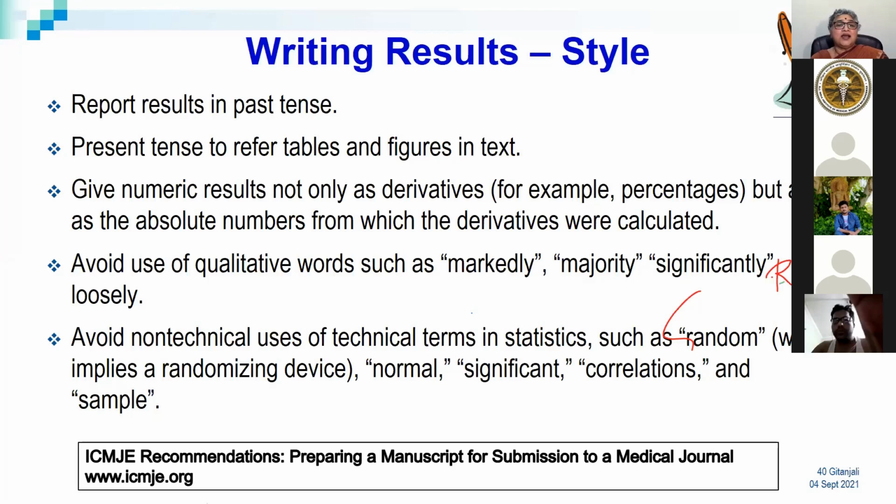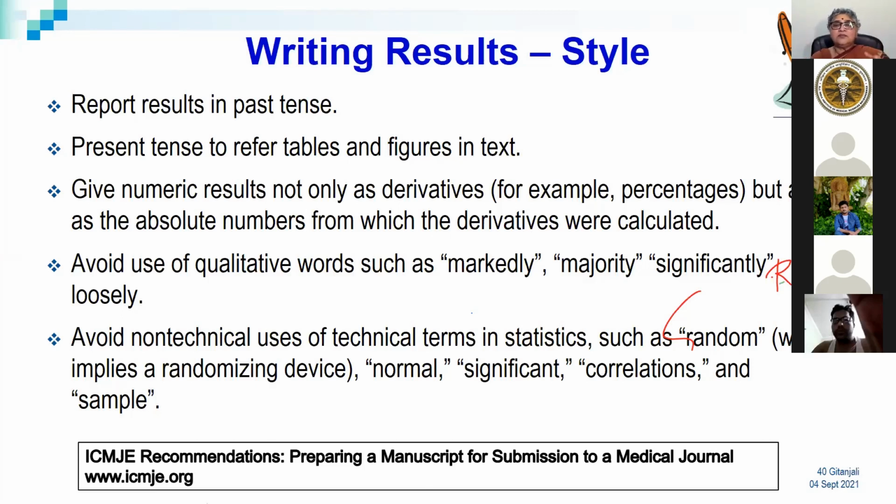So coming to style, report the results in past tense, present tense to refer to tables and figures in the text, and numeric results not only as derivatives but also as absolute numbers. So supposing you are having few people, like 7 out of these people have this thing, there is no point in giving it as 25% or 30% to make it look big.